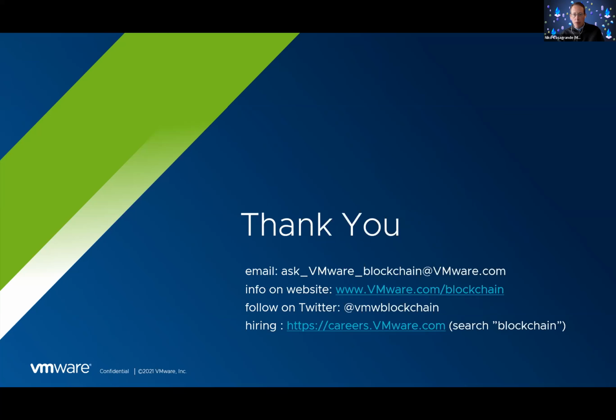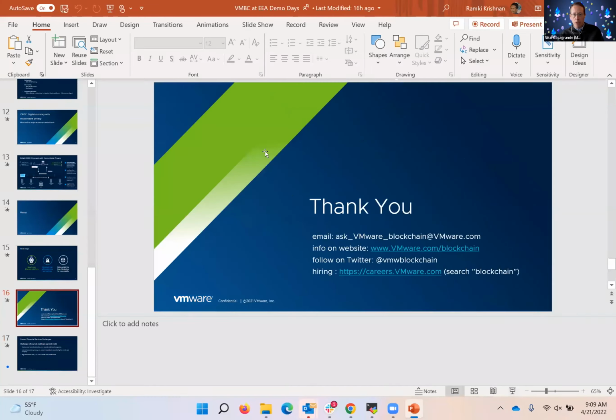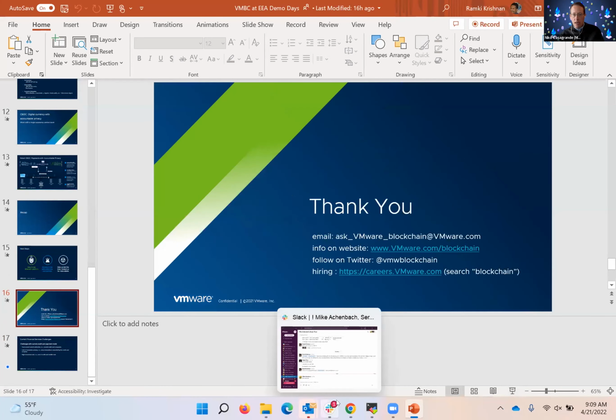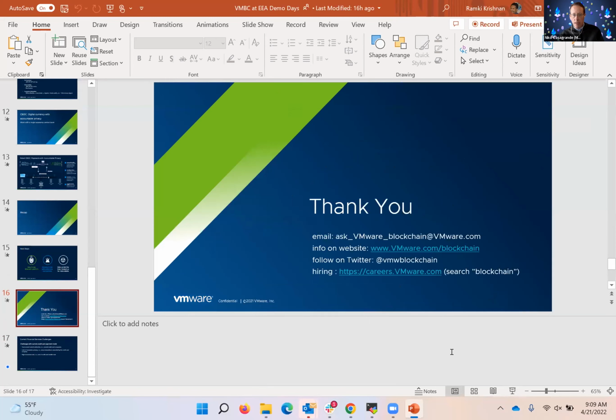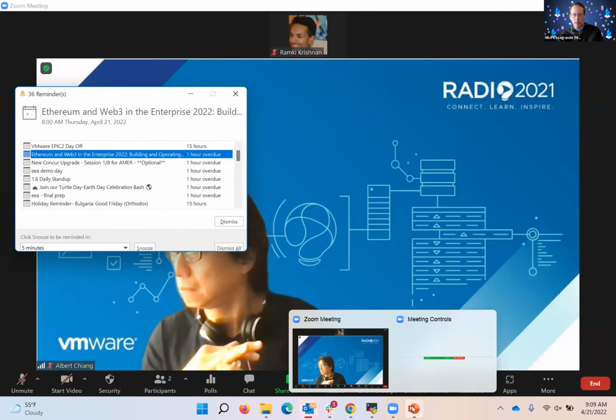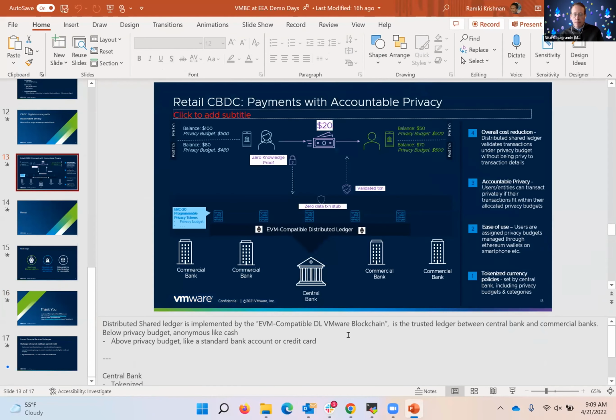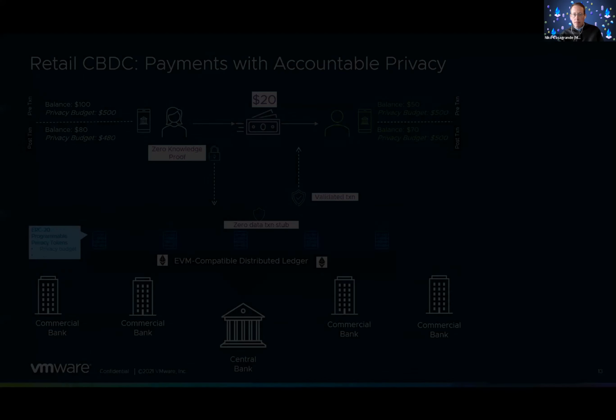I do see a couple questions here. Actually, I'm not sure if you can see them, Ramki, but one of them was: who assigns the privacy level, and can you expand on what the privacy budget is and who sets it? I'll be happy to do that. Let me go back to that slide.